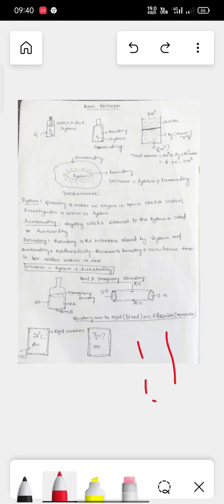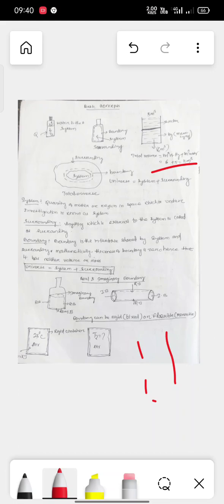If I want to know the total volume of this container, then obviously it is the volume of mercury plus the volume of water.